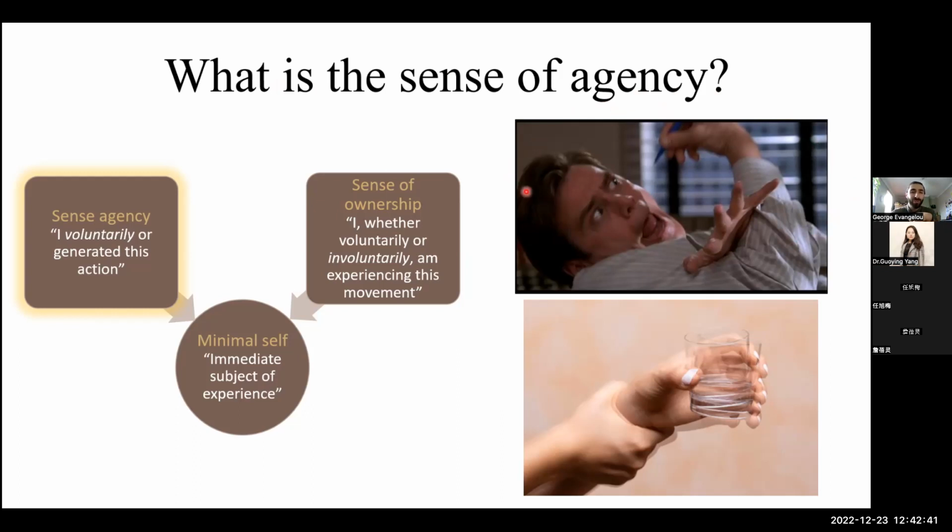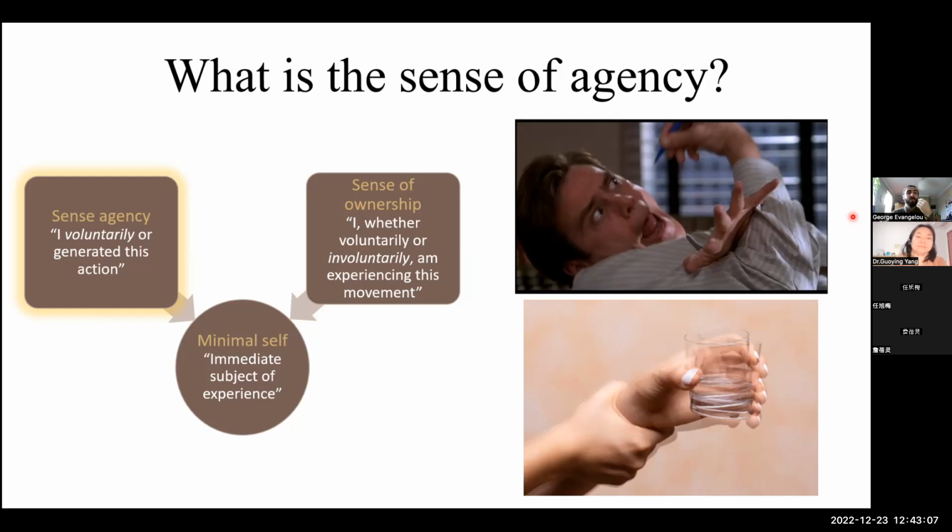I know this is a funny image from a Jim Carrey movie, but I think it's quite a good analogy of what has been seen before in anarchic hand syndrome, where it's your body part and you're still taking ownership over it, but with the things that are happening with this hand, where it's moving, patients will say that it's not them causing or controlling the movement. Their hand is acting of its own will. And so that will and that voluntariness becomes very important.